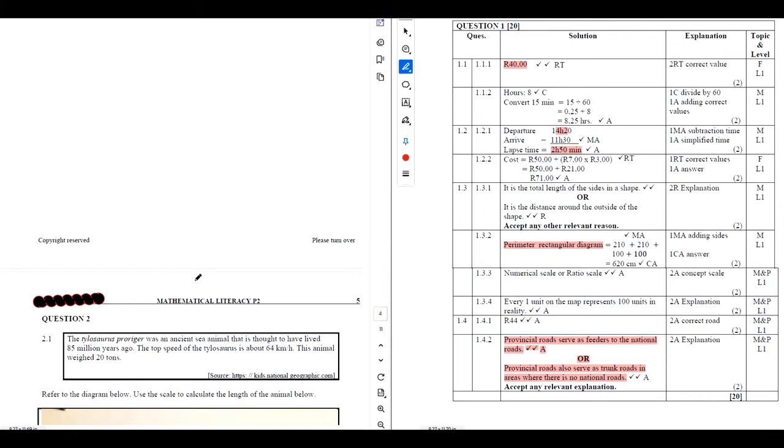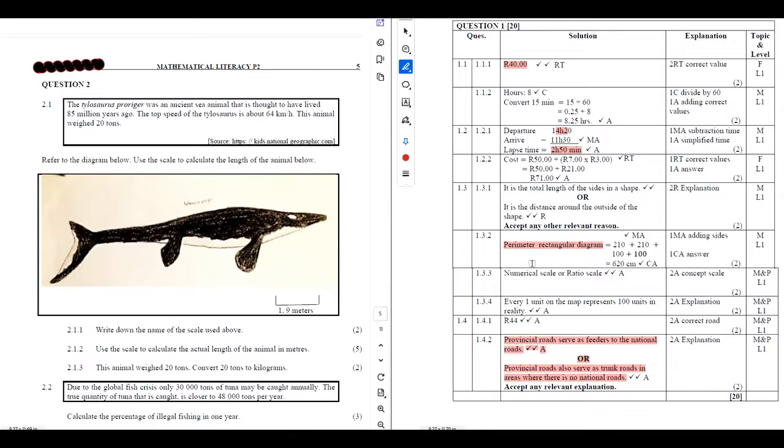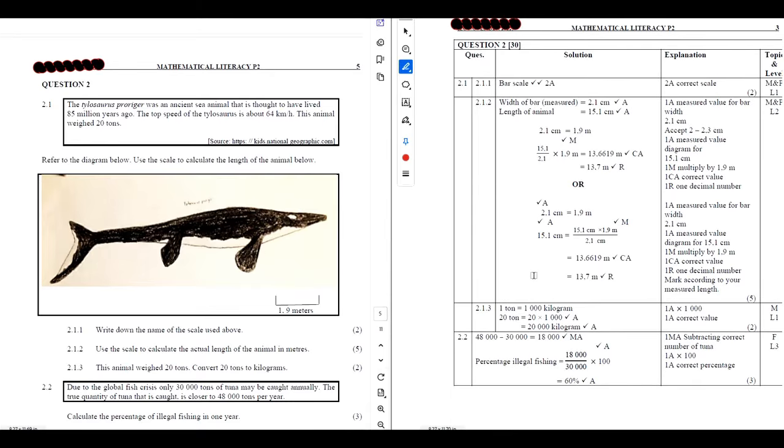Okay. And then next we will move to question 2. Let me also move to this side so that you can see how the answers were answered. We are told that the Tolosaurus prorija was an ancient sea animal thought to have lived 85 million years ago.